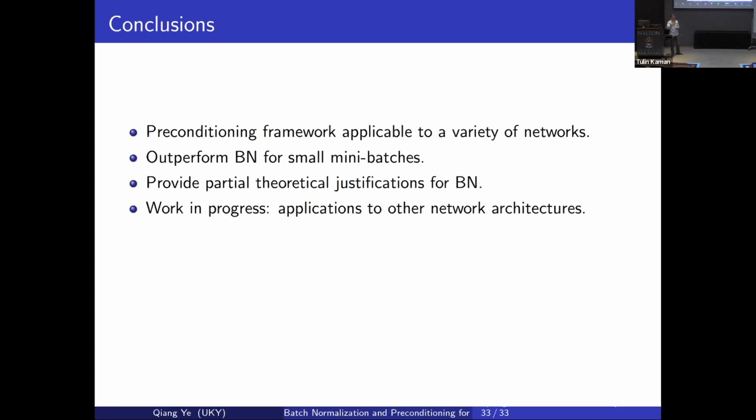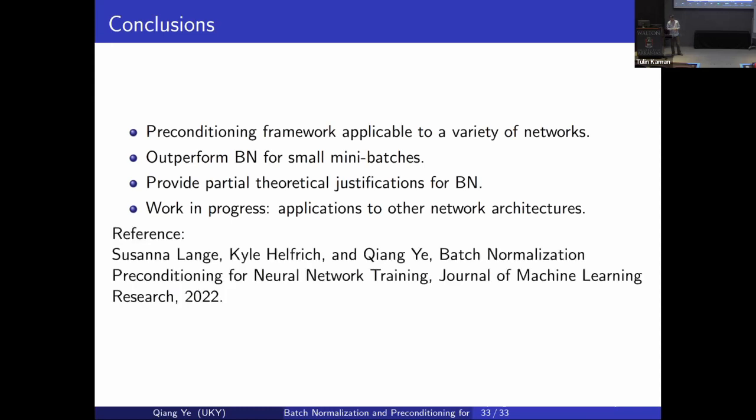In most cases it's comparable to batch normalization, but for small mini batches we outperform batch normalization. It also has some relations to batch normalization, so it provides some theoretical justification for batch norm. One advantage of our method is that it's a general framework, so you can use it in any kind of architecture, CNN, graph neural network, and things like that.